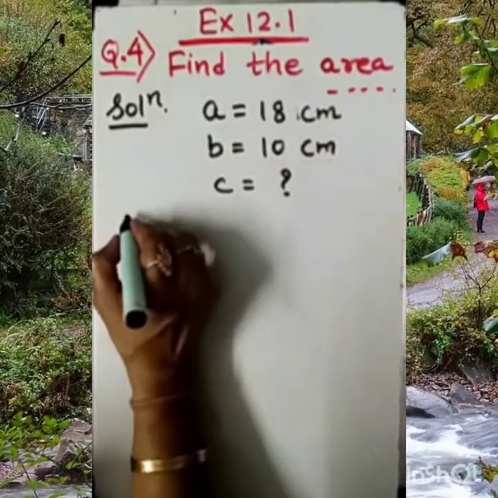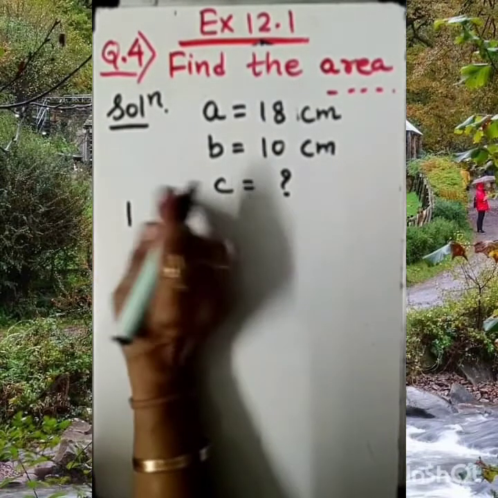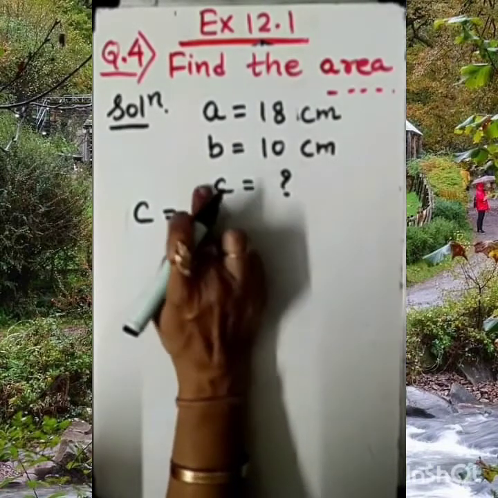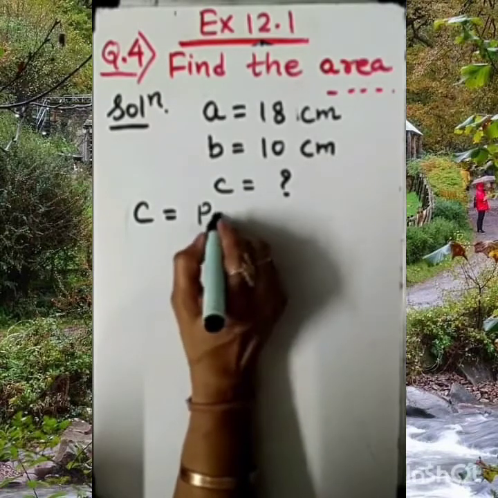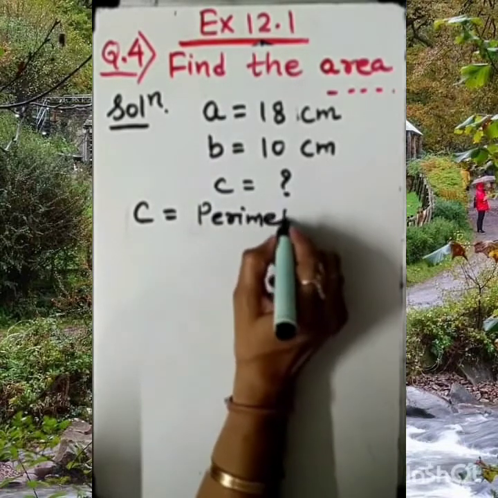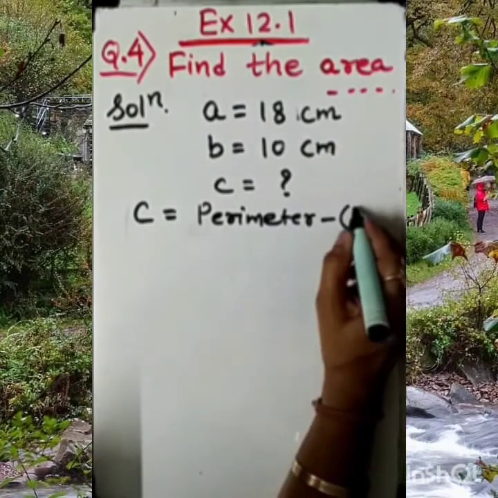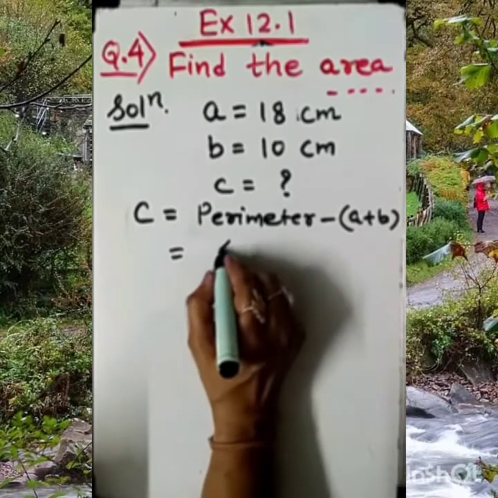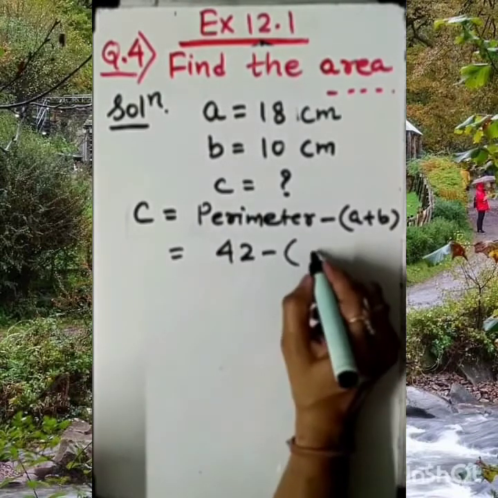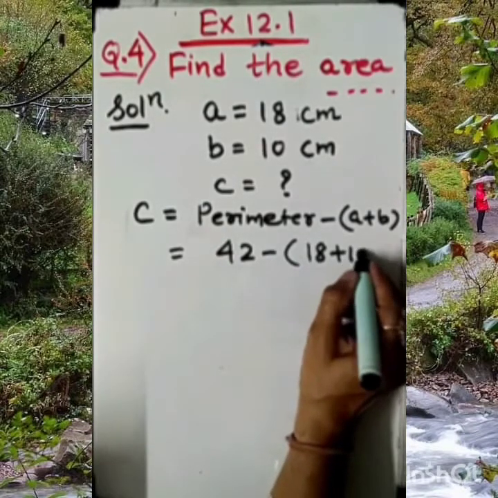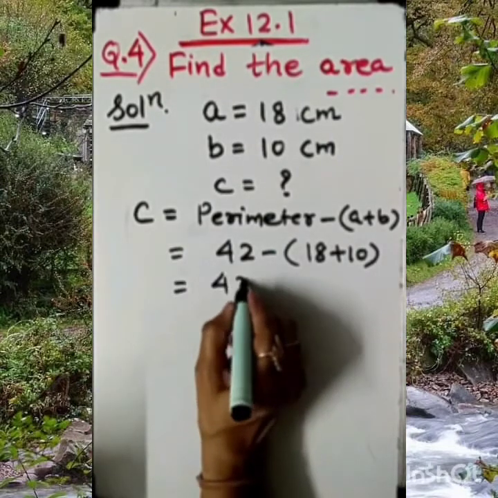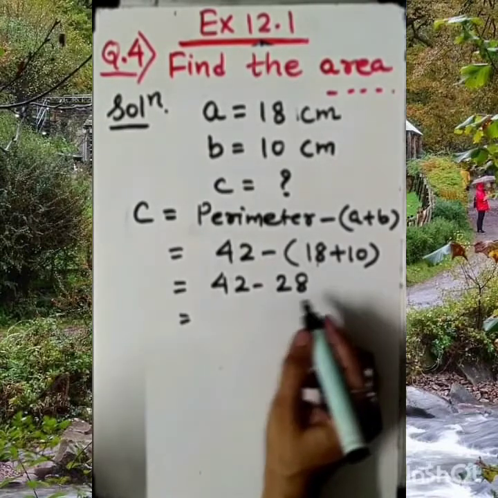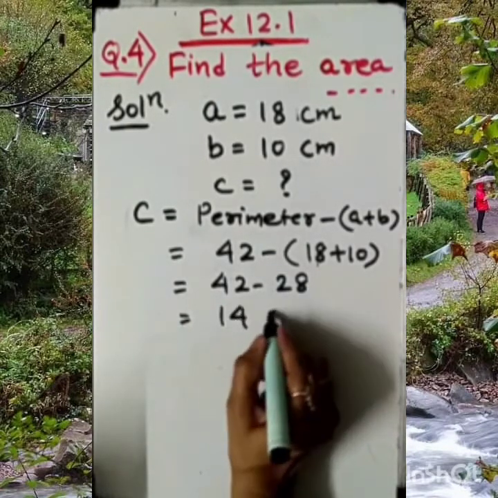Instead of that, we are given the perimeter. So we know how to find C. We are going to find C equal to perimeter minus the sum of other two sides, perimeter minus A plus B. It means that the perimeter we are given 42, and the sum of other two sides is 18 plus 10. So, what will be third side? 18 plus 10 is 28, and subtraction of this, 42 minus 28 is 14 centimeter.